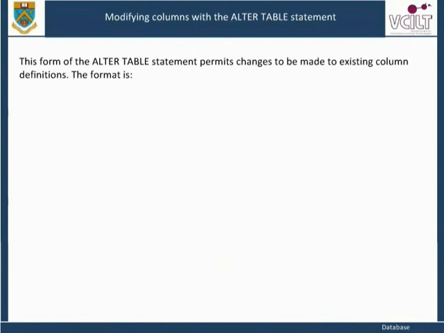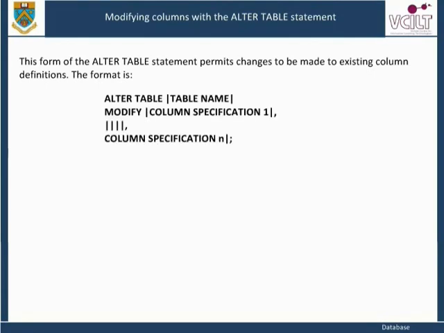This form of the alter table statement permits changes to be made to existing column definitions. The format is alter table, table name, modify column specification 1 ... column specification n.